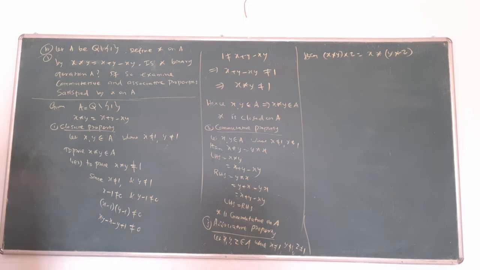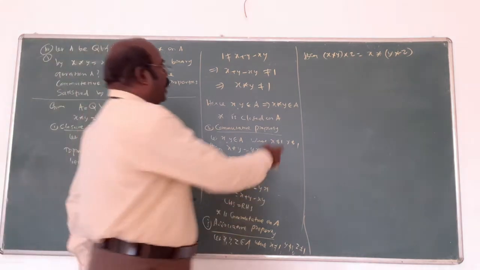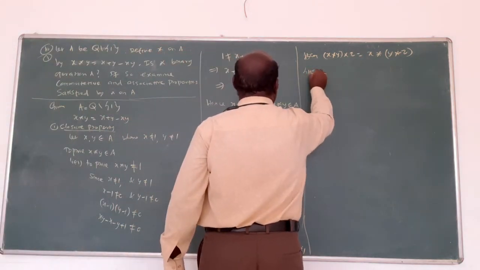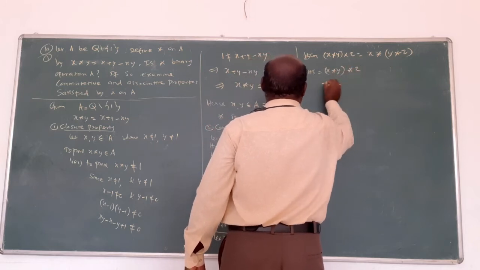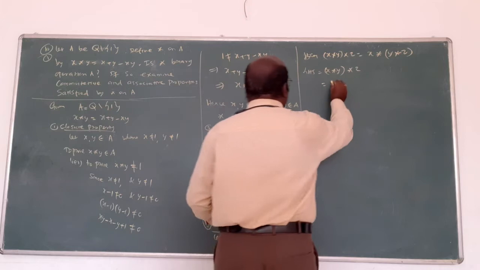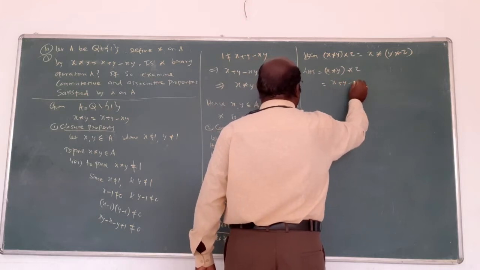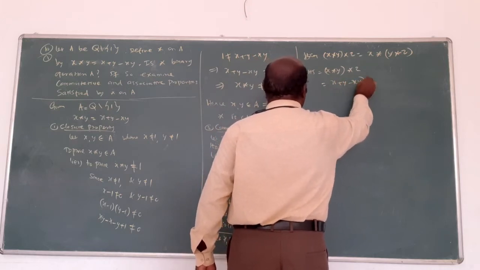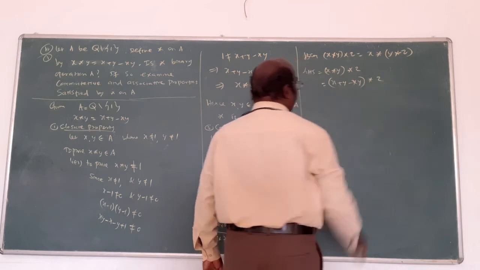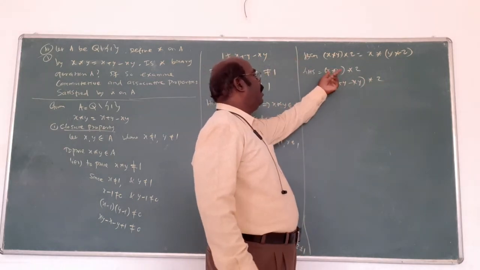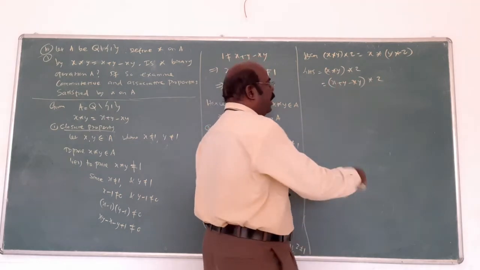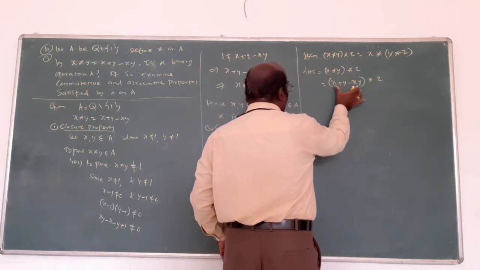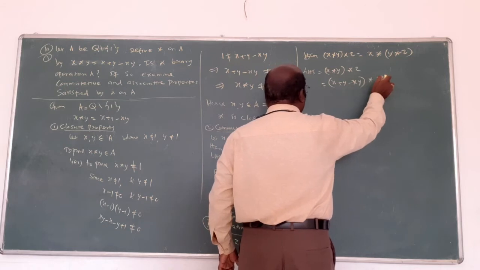Am I right? Now start with LHS. x star y star z. x star y is already given, x plus y minus xy. Before star, after star: adding both, minus multiply both. Similarly here also, star is around the whole thing before star. After star, what is there?